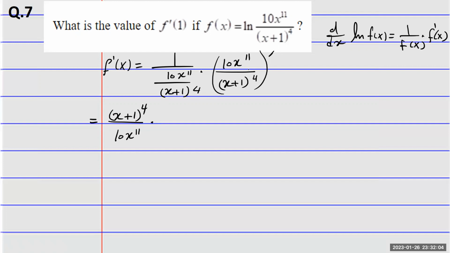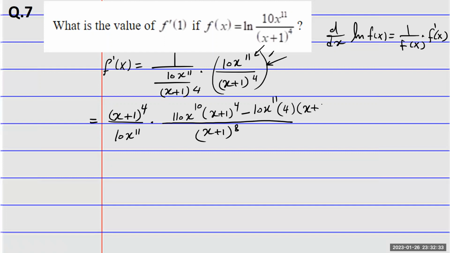When you derive, you remember the quotient rule: function over function, its derivative is simply the denominator squared. Power 4, when you square, will be power 8. And start with the derivative of the numerator, which is 110x to the power 10, times the denominator (x plus 1) to the power 4, minus the numerator 10x to the power 11 times the derivative of the denominator, which is 4 times (x plus 1) all to the power 3. Okay?